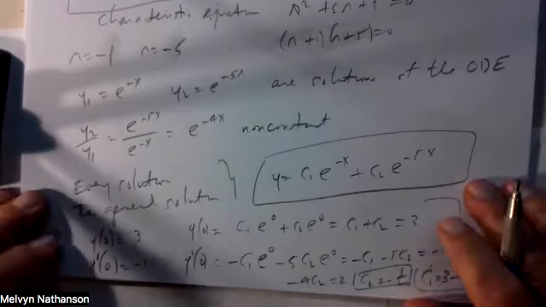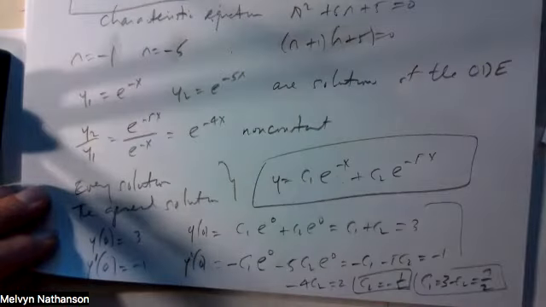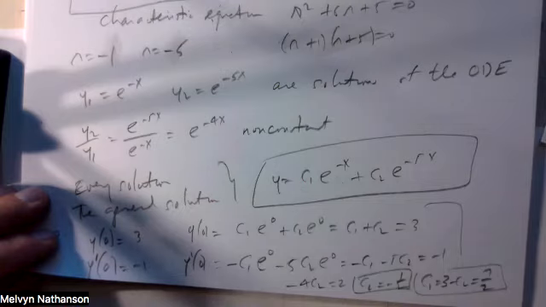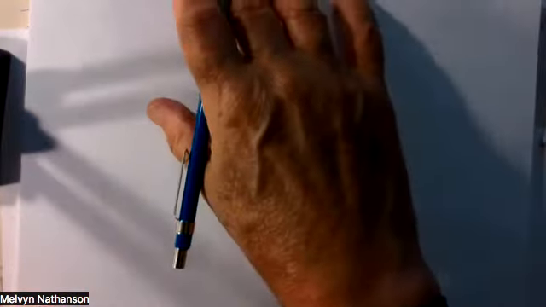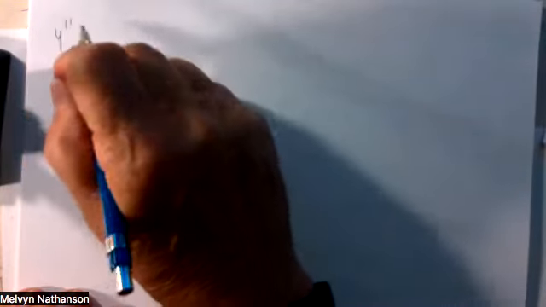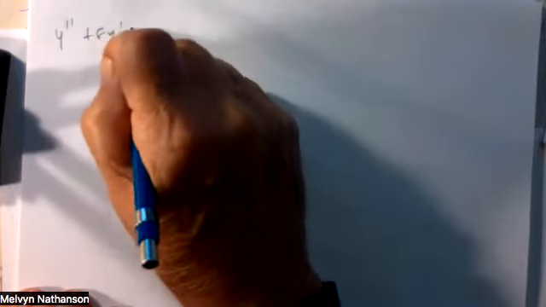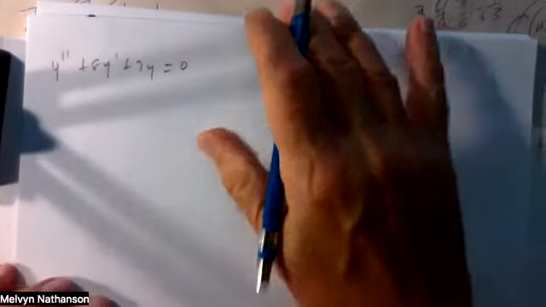Let me do another example. Let's take one from the homework. y double prime plus 8y prime plus 7y equals 0.